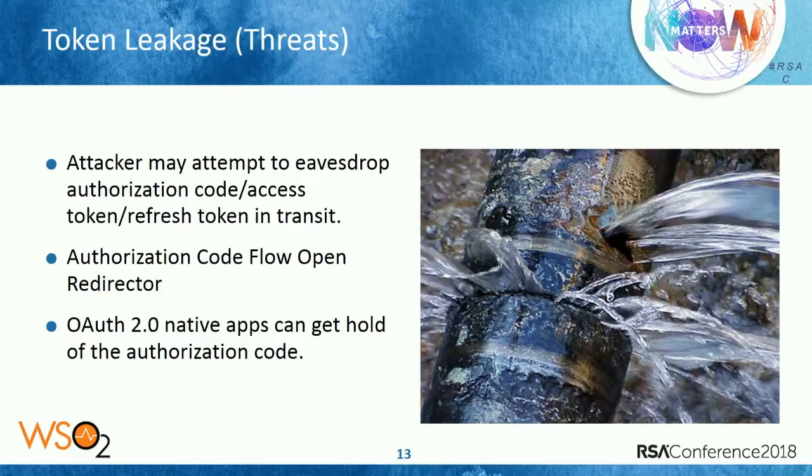Now Microsoft Live Server issues an access token, it comes to the Facebook open redirector URL, and it will redirect it to the attacker's URL. Now the attacker can see the access token, which was originally in the open redirector URL of Facebook as a query parameter. So now that is in the referrer header in the request to the attacker's URL.